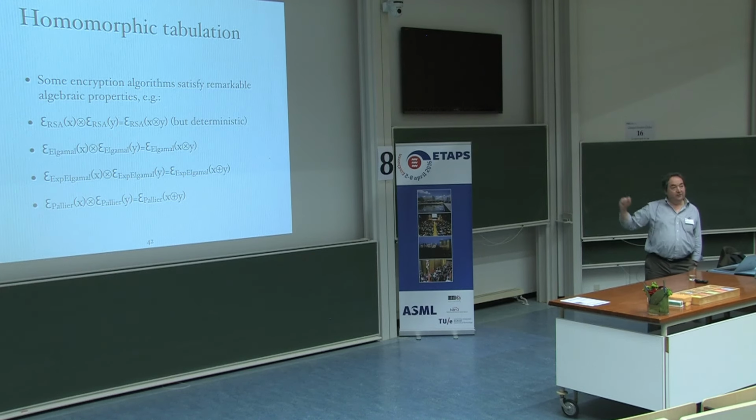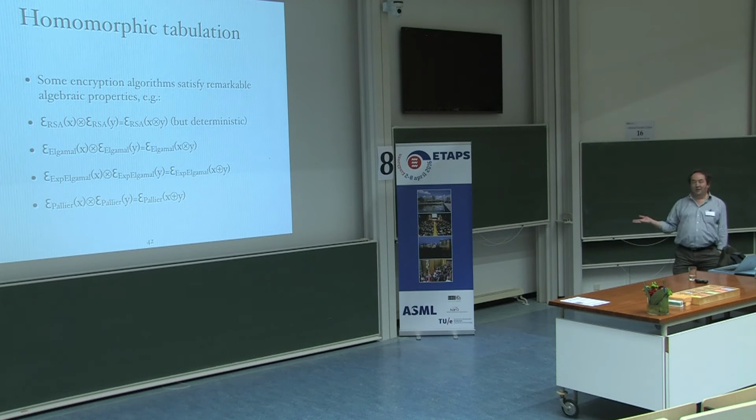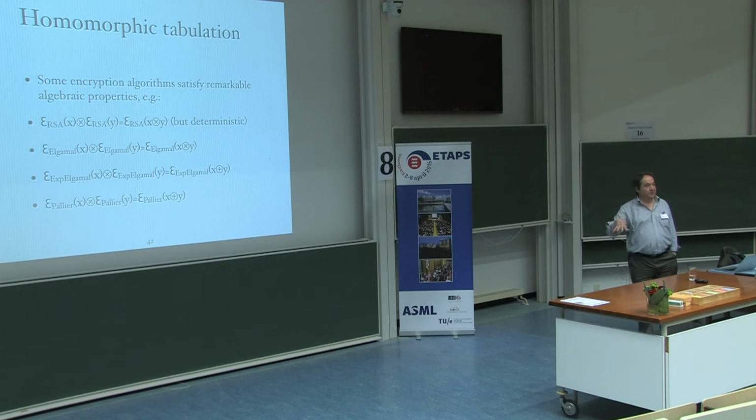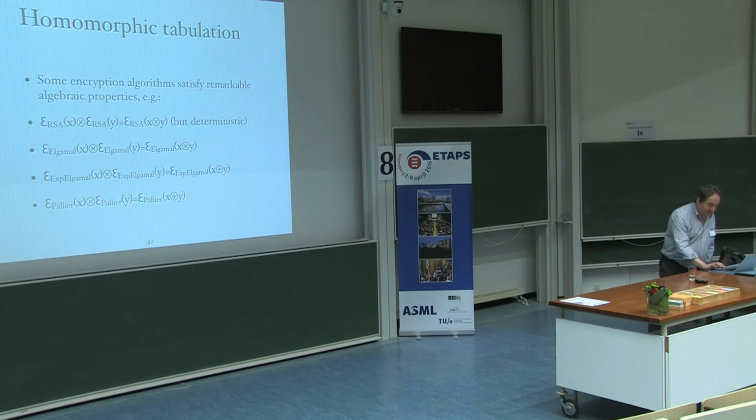That kind of algebraic property is very useful for voting, because adding up votes is precisely what you want to do. So algorithms with this kind of algebraic structure are ideal for tabulation, adding up votes under encryption, and then you can just decrypt the result at the end. Again, I won't say too much more about that.